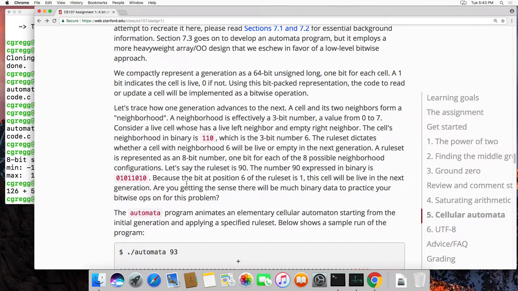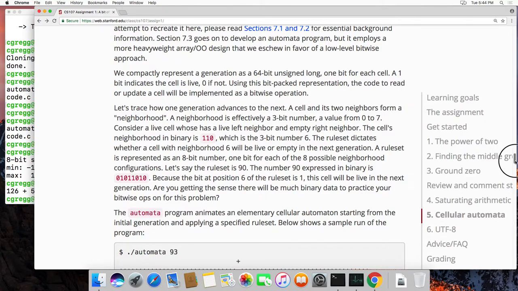If you look at the 6th bit in the rule set that we have here, 0, 1, 2, 3, 4, 5, 6, that's a 1. So if we ever get a neighborhood that is 110 for this rule set, it ends up being a 1 in the next generation. This is all explained in the chapters above here, but that's basically the way it goes.